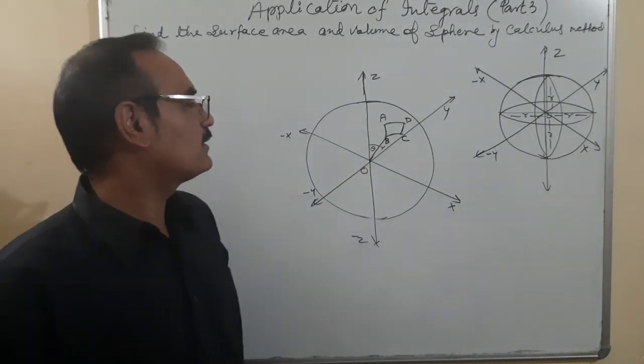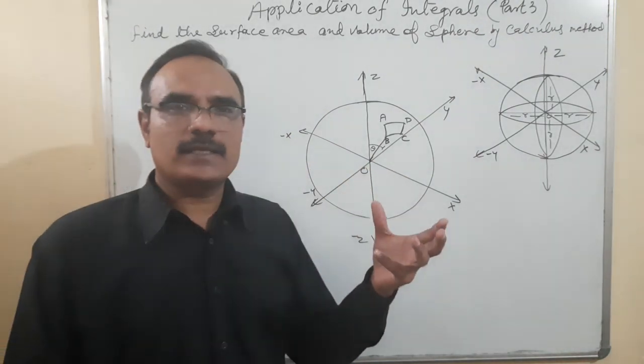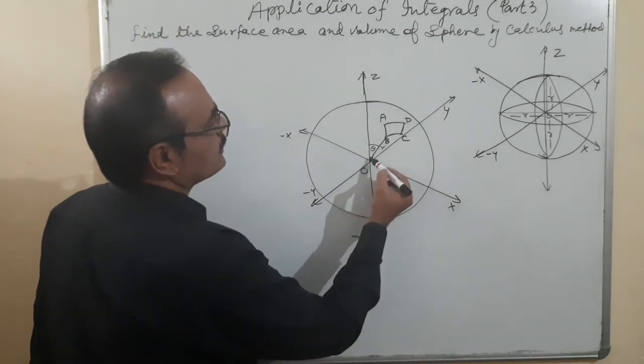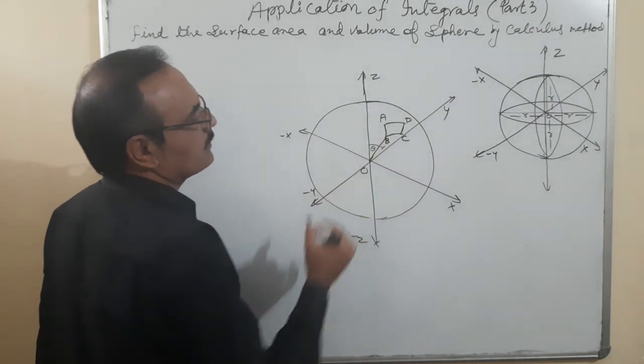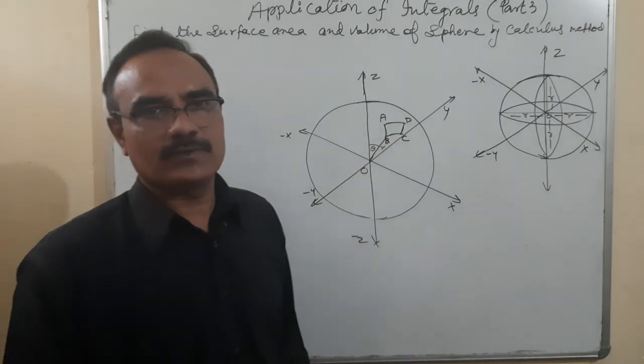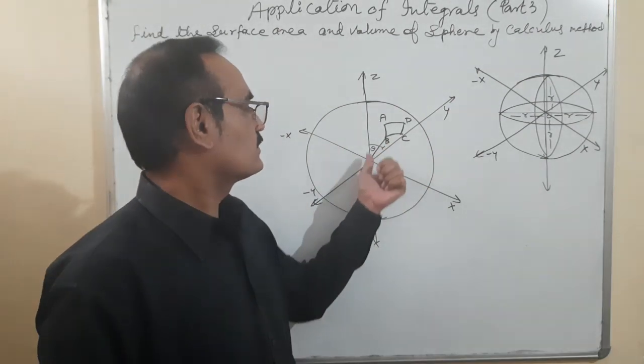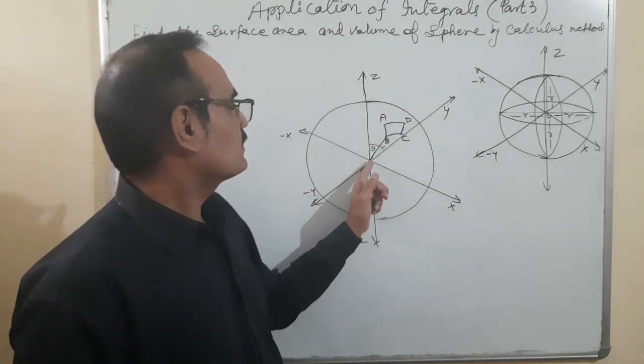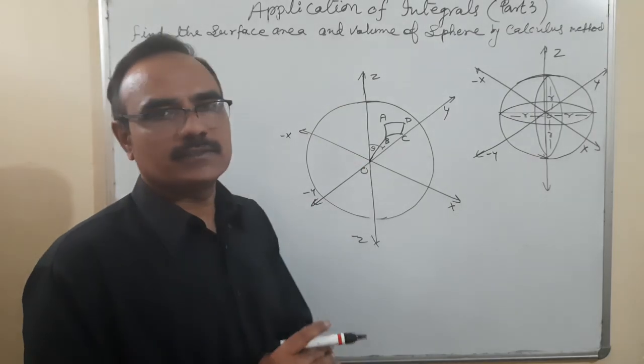Which angle is theta? Theta is the angle which this radius is making from the z axis. This radius is making an angle theta.